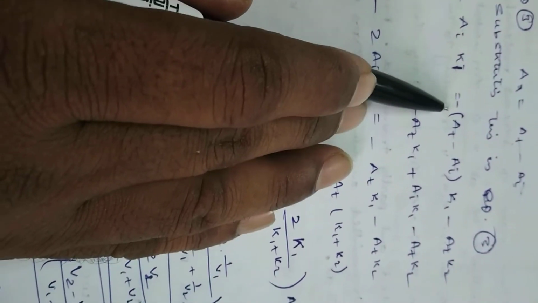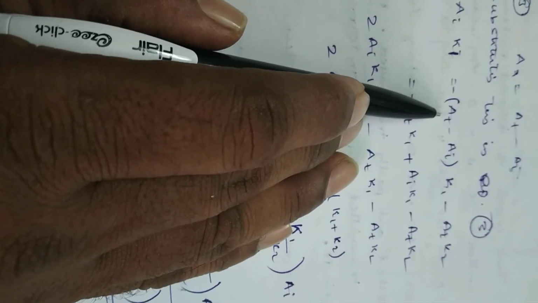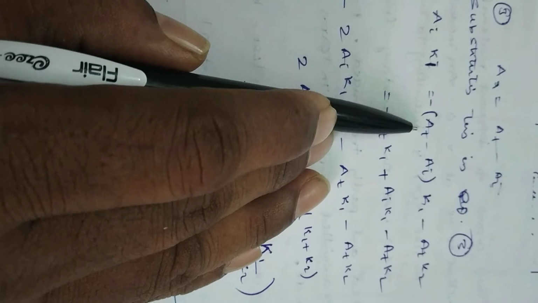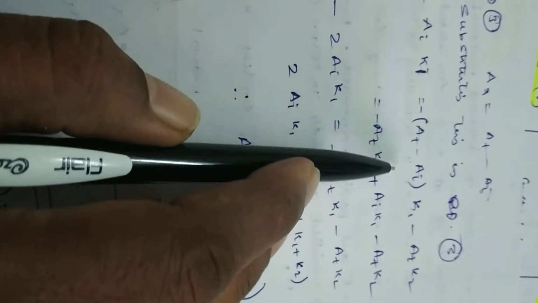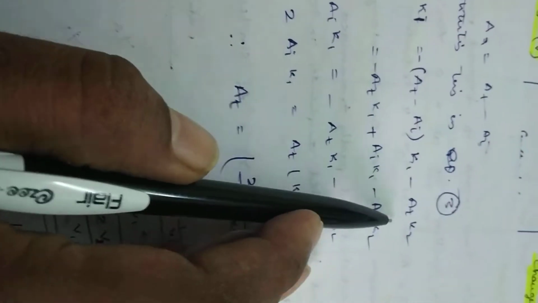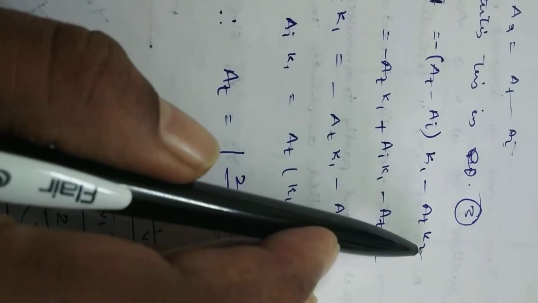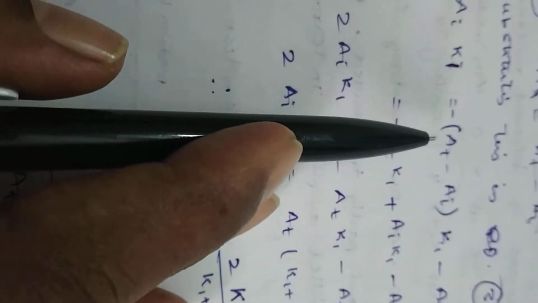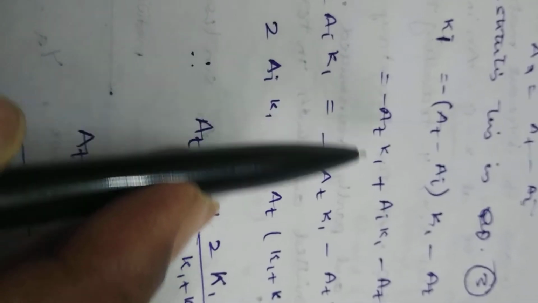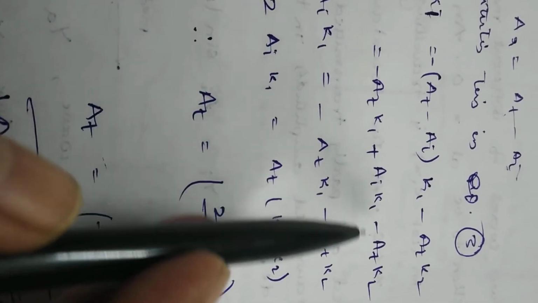Ai k1 is equal to (At minus Ai) k1 plus At k2. Ar is equal to At minus Ai. So minus At k1 plus Ai k1 is equal to minus At k2.